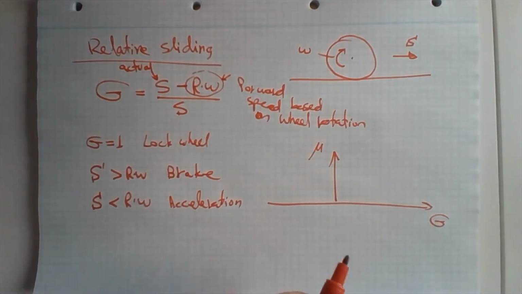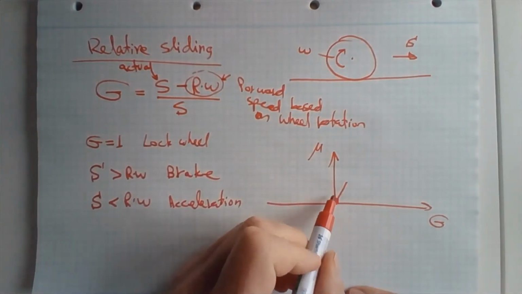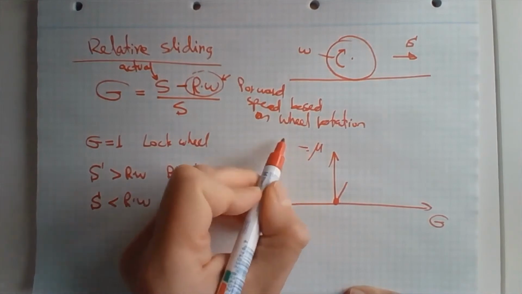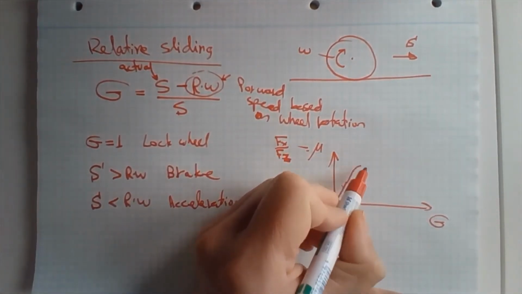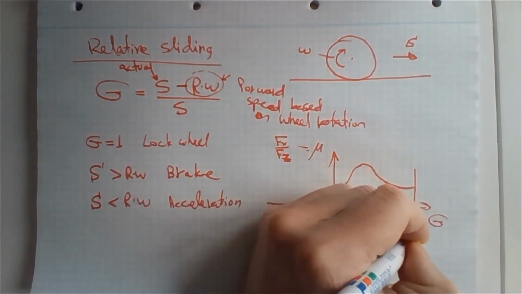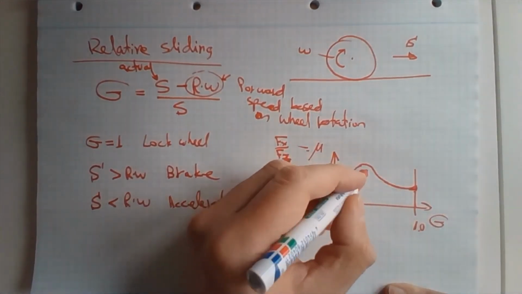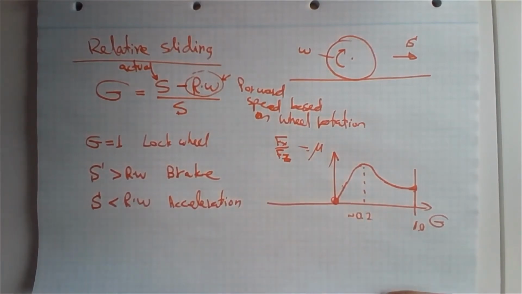Based on testing, it has been observed that there is no sliding, and there's no mu or any meaning from mu, because mu is defined as Fx over Fz, and Fx is 0 here. But there have been tests to show this is G equal 1.